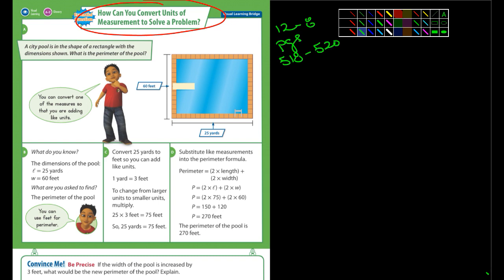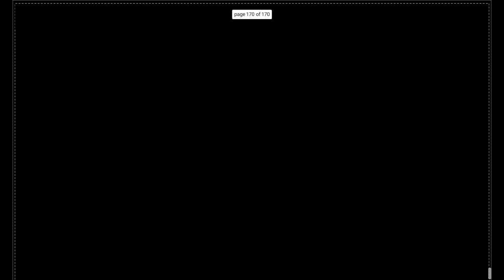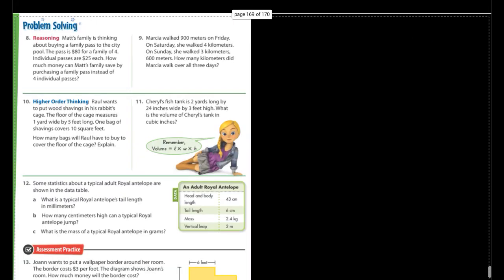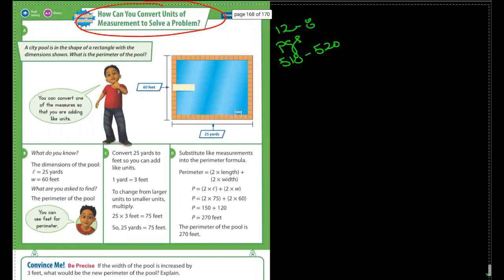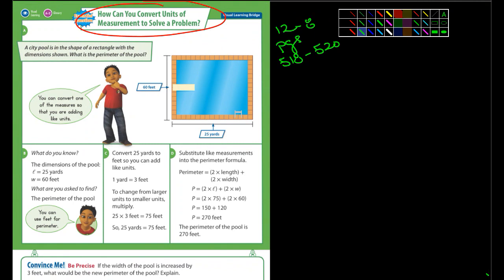Speaking of swimming pools, let me show you guys a picture of a swimming pool. Whoops, that's not what I wanted to do. Let me go back a couple pages here. Let me make sure it's still recording. It is still recording. So let me show you a picture of a swimming pool here. It's a rather large pool.